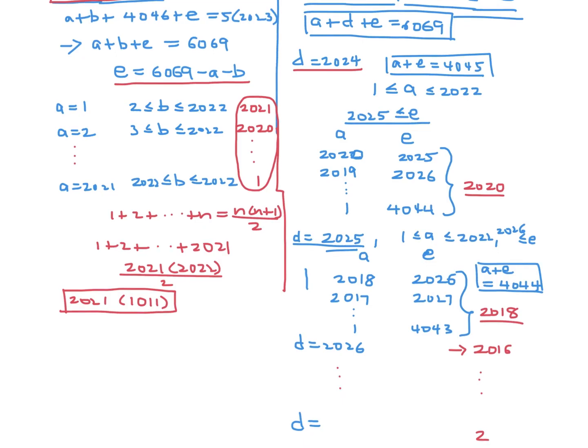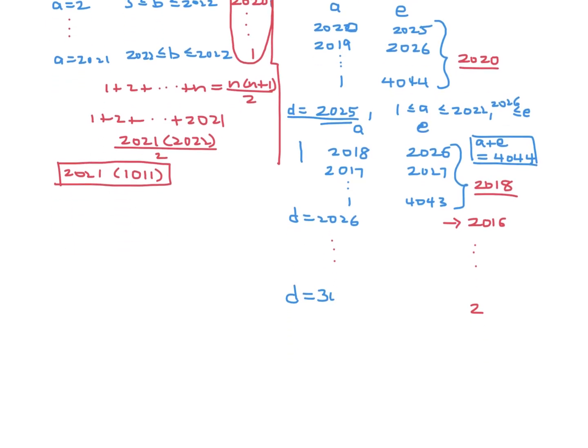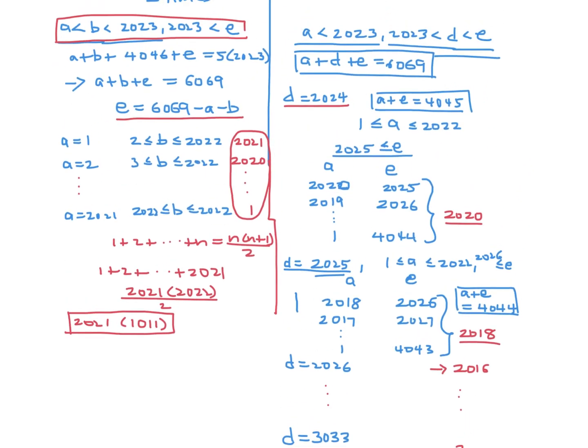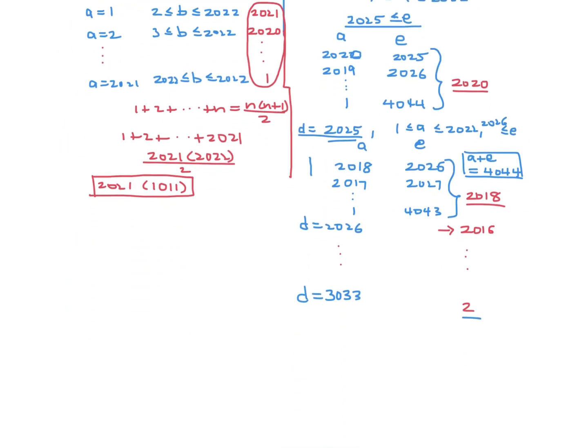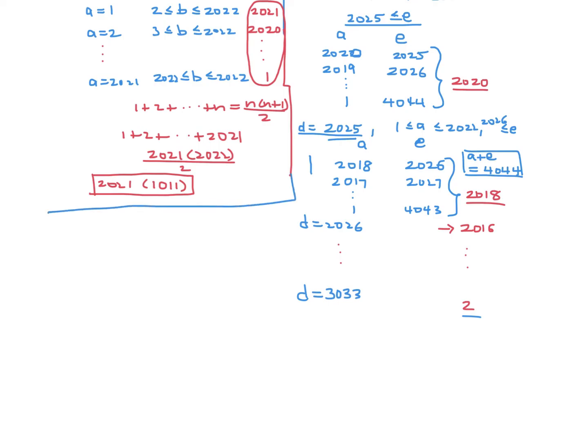Now, just to go through this, if you're wondering how did I get that 2, I don't mind going through it one more time. First, you got to look at that. A plus D plus E has to be 6069, right? So the A plus D plus E has to be 6069. Now, if you have set this D to be 3033, that means A plus E will be 3036.